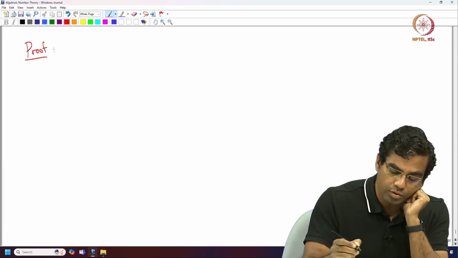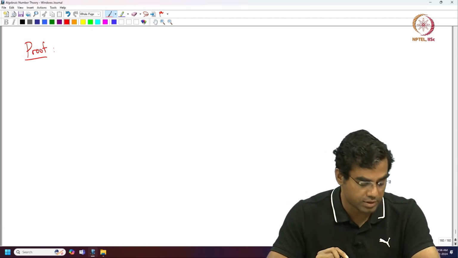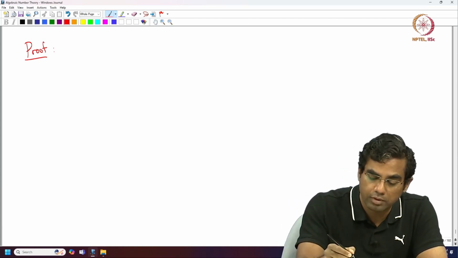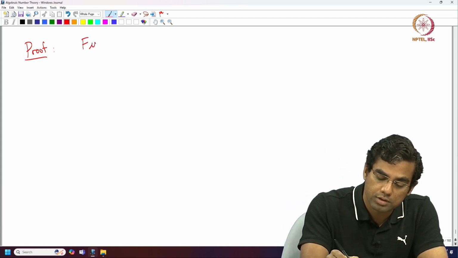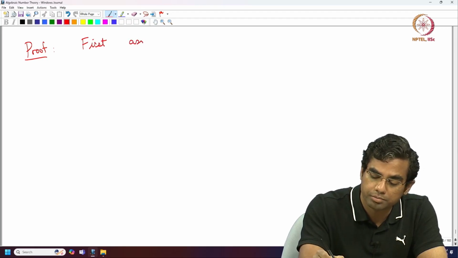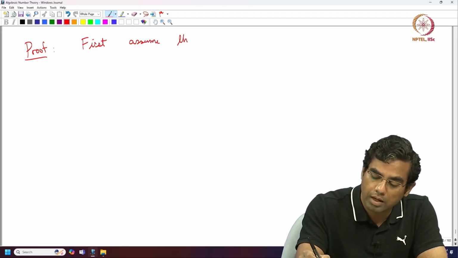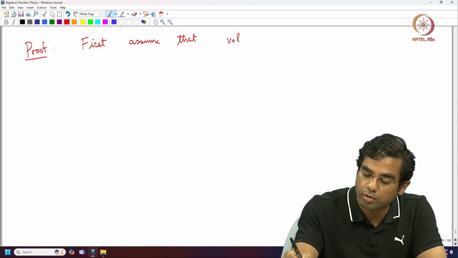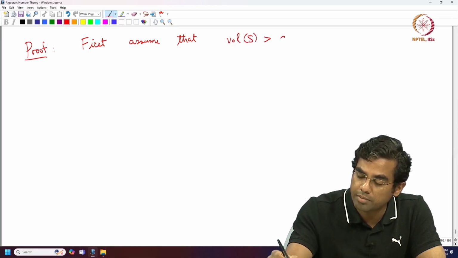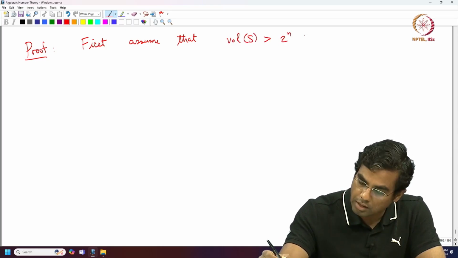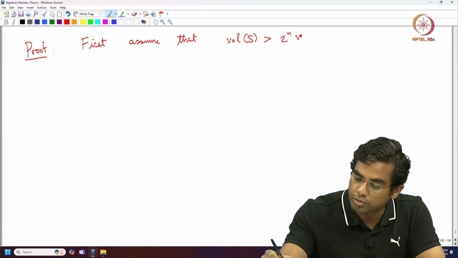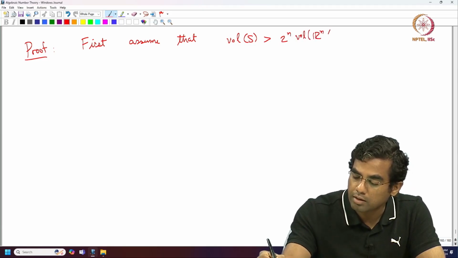So, what we are going to do first is we are going to prove this result in the case when we first assume that volume of S is strictly bigger than 2 to the n times volume of R to the n mod lambda.